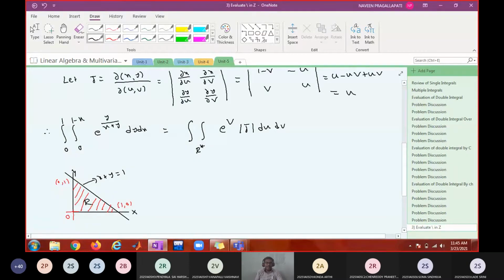Call this as R. Okay. So what is the modulus of J? u. So this implies modulus of J is equal to modulus of u, because it is in the first quadrant. So modulus of u will be u.